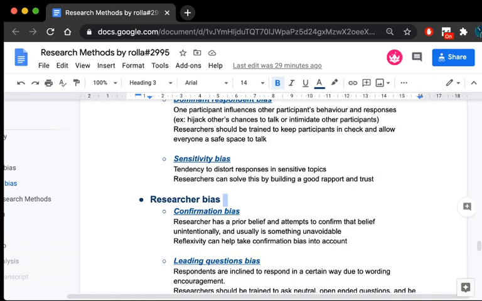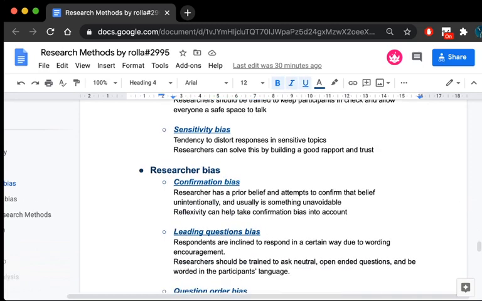So it might affect how you respond when you're not in the right mind to talk about it, or if it pertains to something that affects you in a negative way. So to prevent that from happening, building a good rapport and trust can help encourage them to be more calm or less negative when trying to open up.